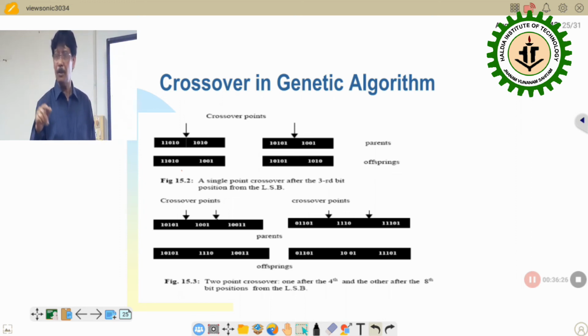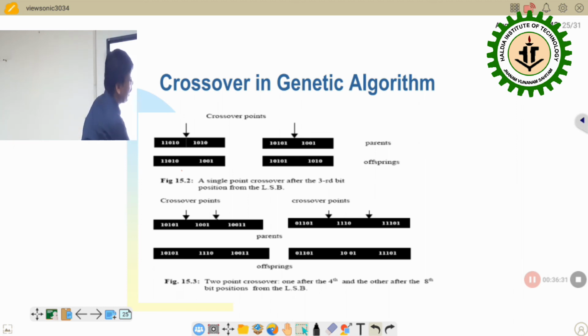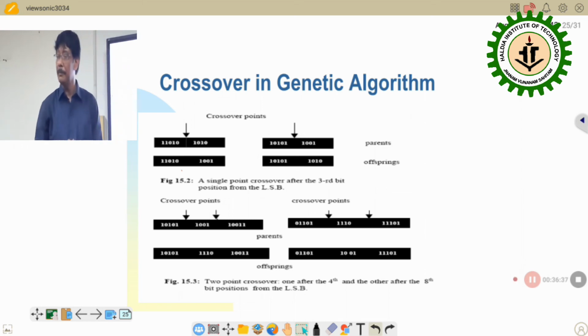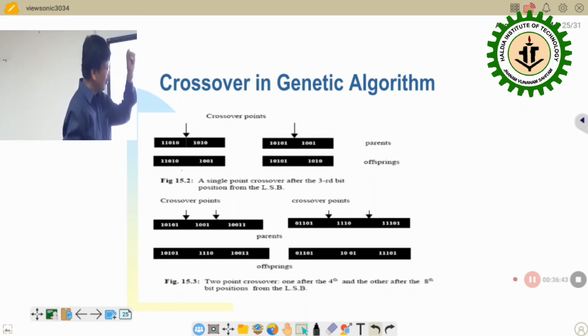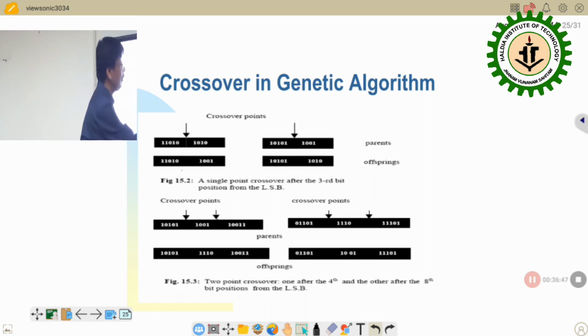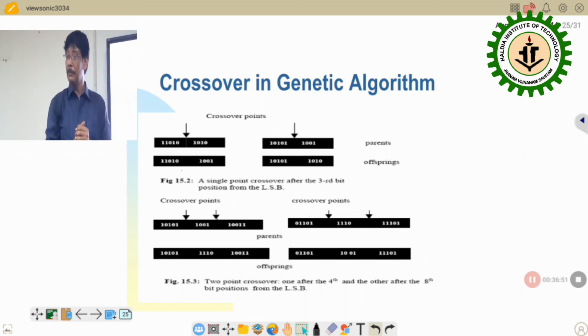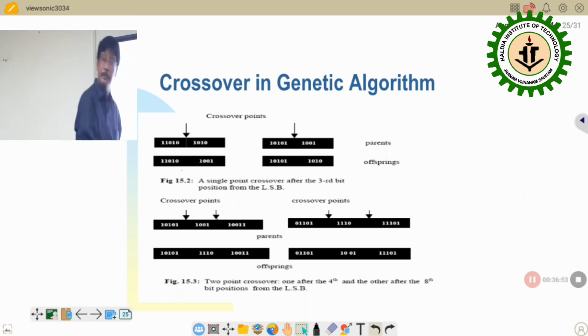Your random number is 3, so it has to be partitioned after the third bit. See 10101, it will be the same as the first part of parent 2. So the second child is inheriting the properties of parent 2 up to this part.